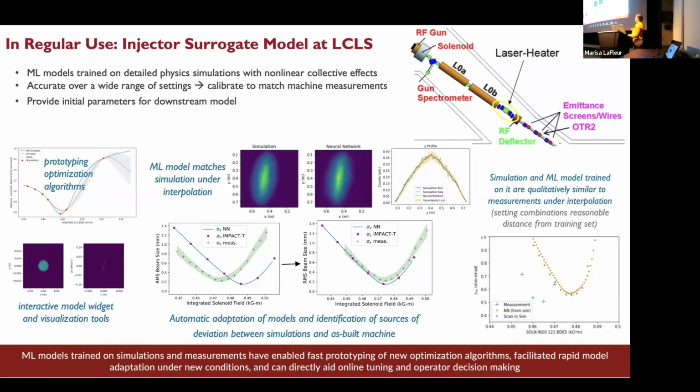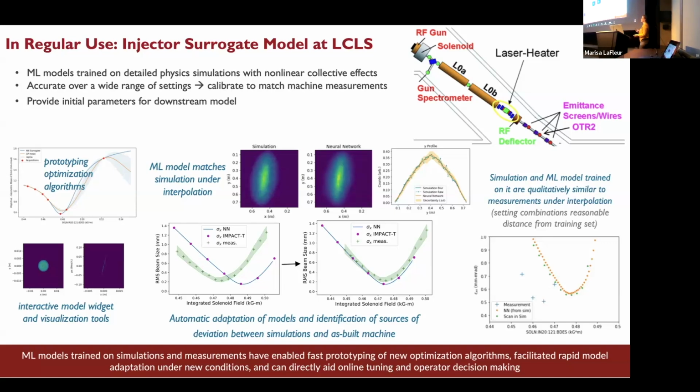And then in addition to that, we're starting to explore things like how do we automatically adapt between the imperfect physics simulation and how it may not agree perfectly with measurements. This is an example showing a scan of a magnet and then the beam size, and you can see the qualitative behavior is captured, but it's just a simple offset there.